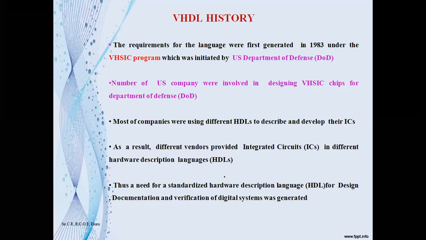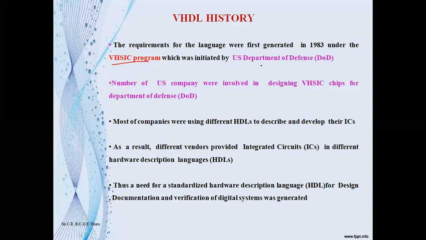The first VHDL tool was initiated by the Department of Defense, the US Defense Department. The US Defense Department initiated a program called Very High Speed Integrated Circuits for their military and defense applications. They wanted very high speed integrated circuits so that they could have better devices for their defense and military applications.